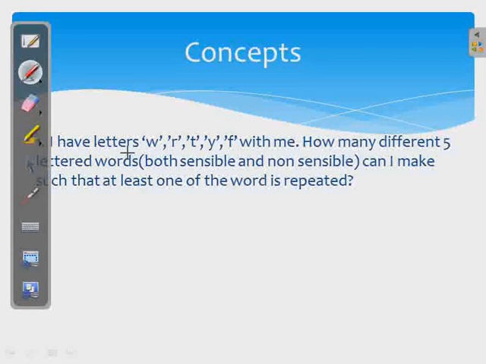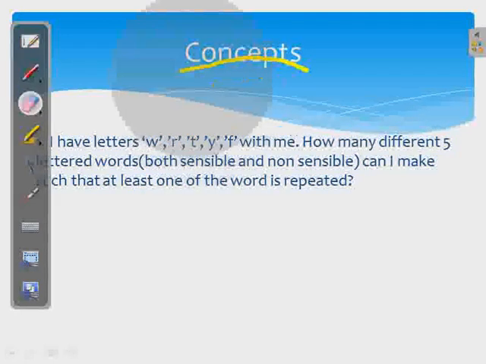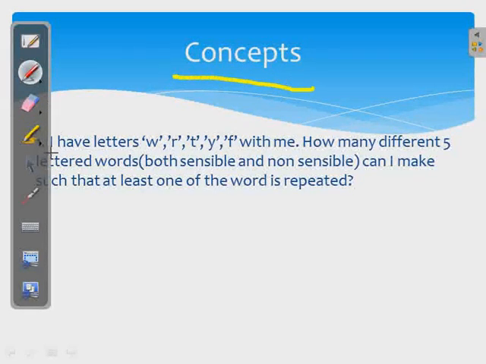Okay. So I have letters W, R, T, Y, and F with me. This is basically a concept question, and I want you to try this before you watch how I solve. It checks your concept. How many different 5-letter words, both sensible and non-sensible, can I make such that at least one of the letters is repeated?